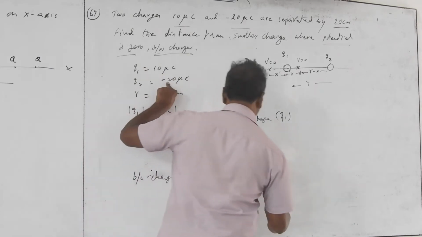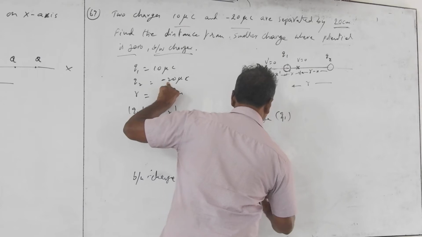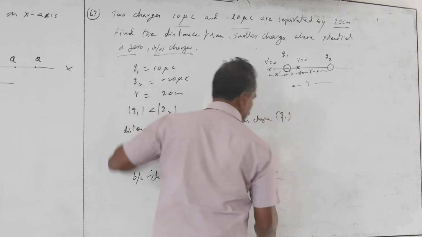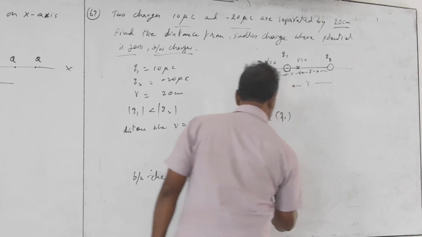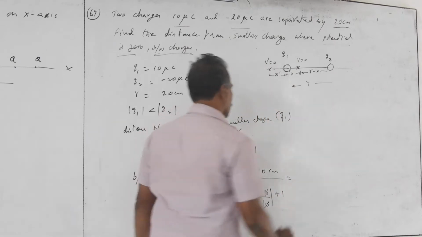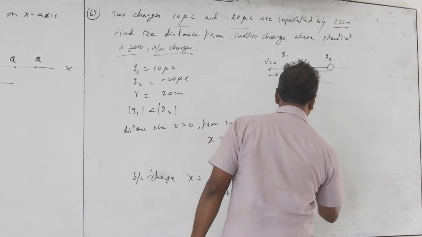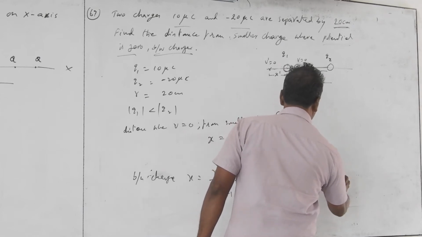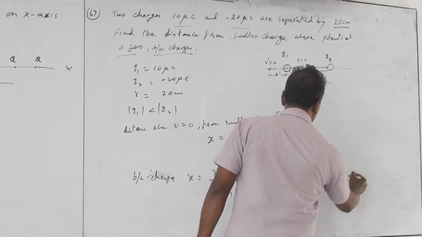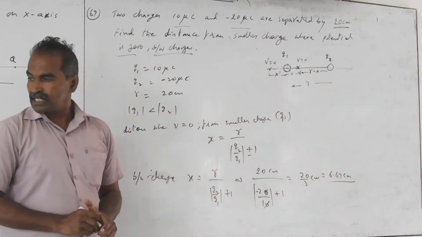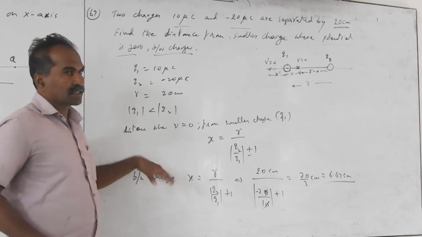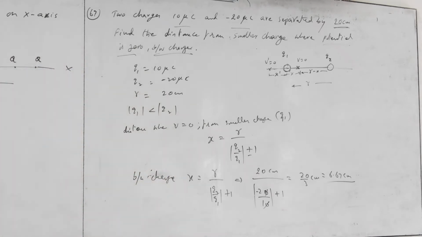Q2 by Q1 is 20 by 10, micro units will be cancelled. So modulus plus 1, 2 plus 1 is 3, which equals 20 by 3 centimeters. This is going to be 6.666, you will get 6.67 centimeters. That is between charges. Outside charges are not asked, but we will discuss outside charges first.